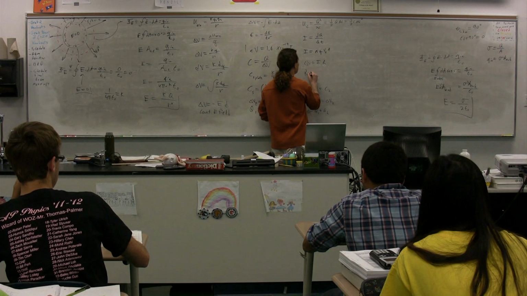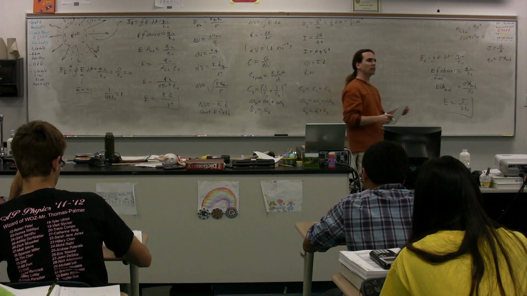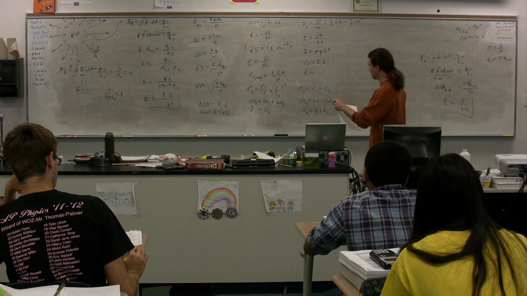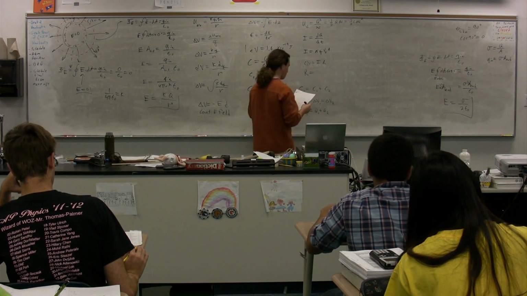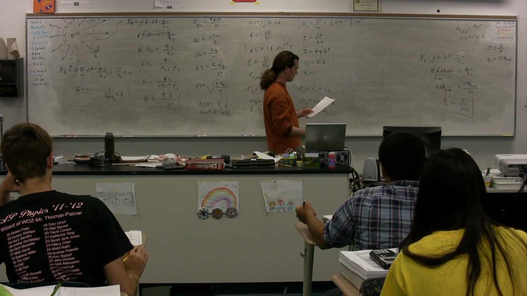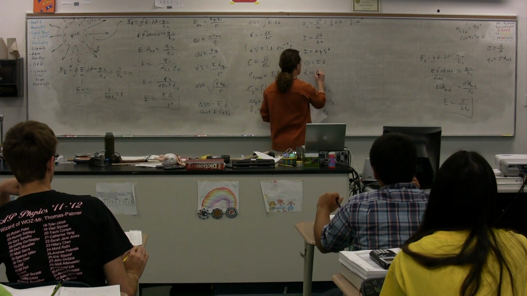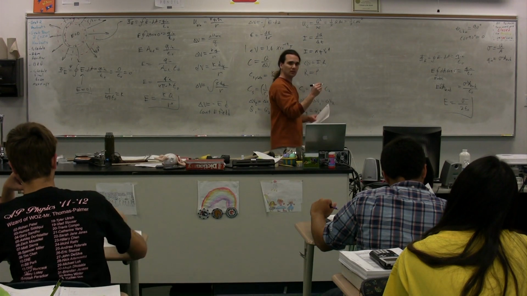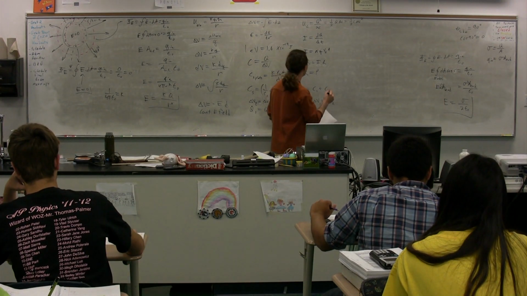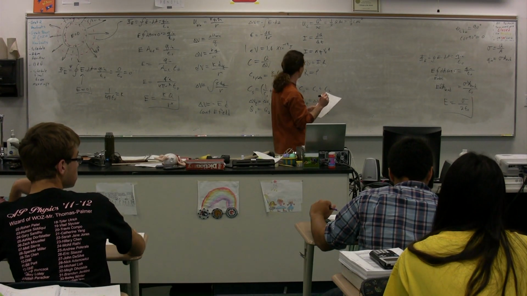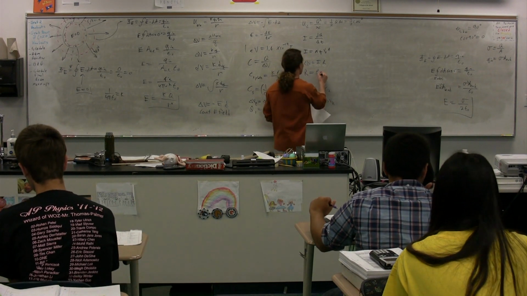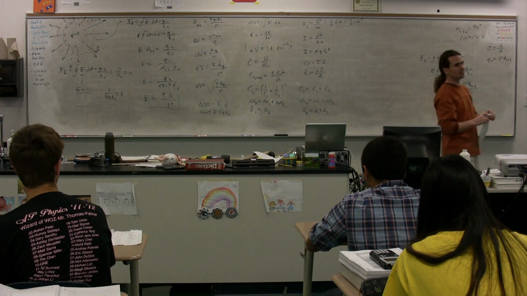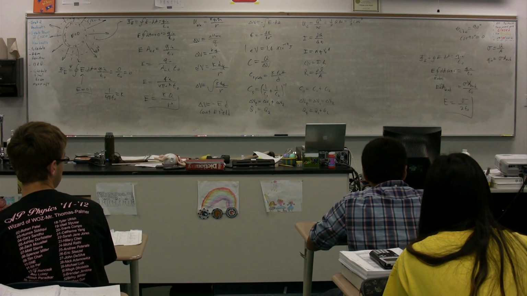We then have resistance in terms of resistivity. What is the equation for resistance in terms of resistivity? Meg. R equals rho L over A. What is the difference between resistance and resistivity?